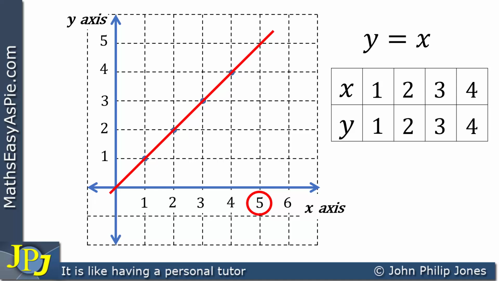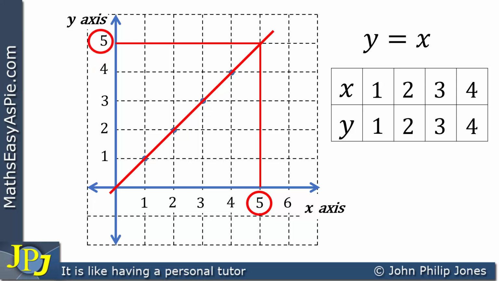And I'm going to ask the question, how can I use the graph to tell me what the value of y is when I've chosen a position on the x-axis of 5? Well, it's straightforward. You simply go up to the plot of the graph, and then you go along to the y-axis, and you can see that it is 5.